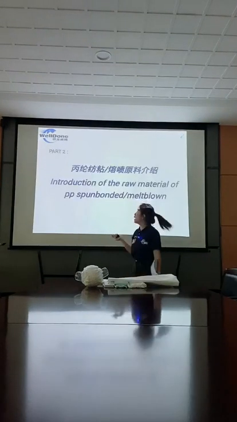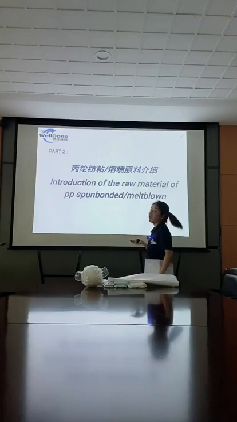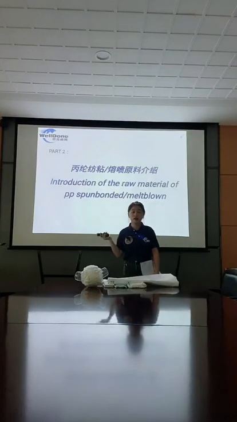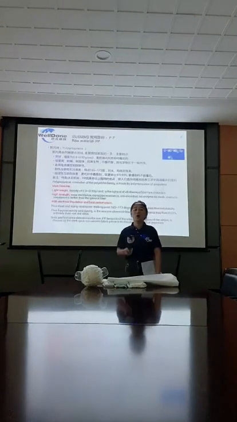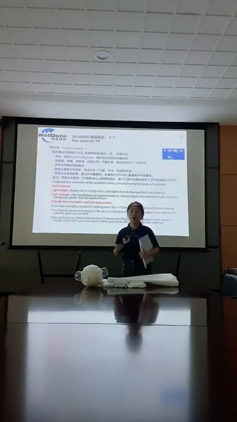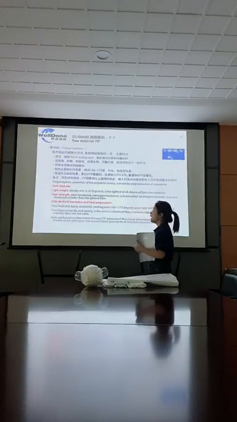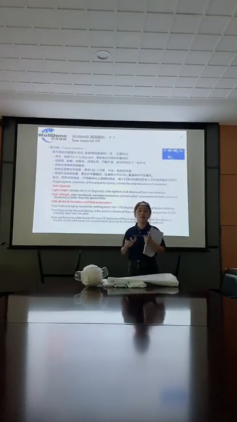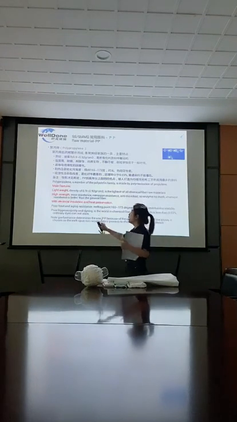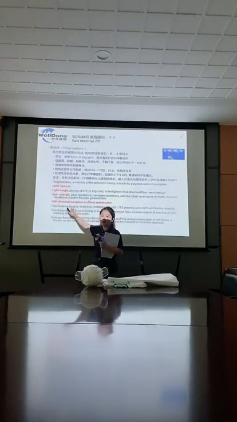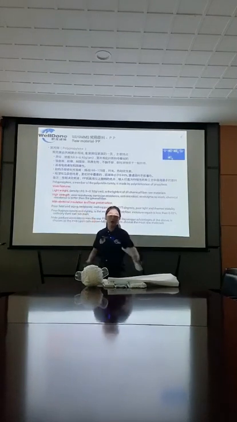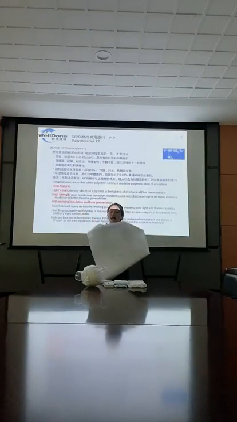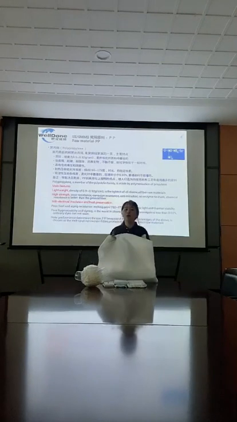In the next part, we will introduce the raw materials of nonwoven. As we know, PP as the raw material of the nonwoven has some characteristics and features. We will pay attention to these features. The first one is lightweight.